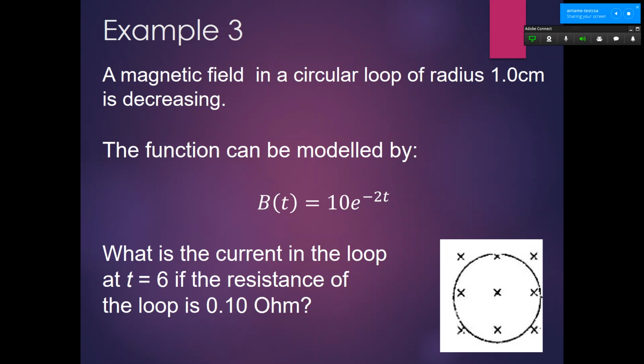Let's do some derivatives. So I need to figure out dB over dt. In other words, I need to find B prime of t. And so how do I differentiate this?